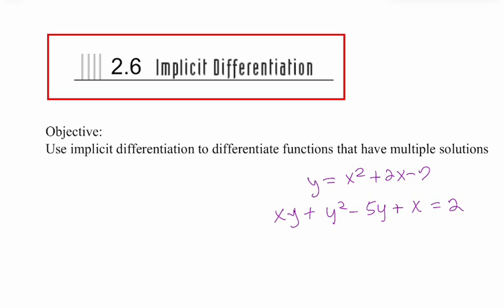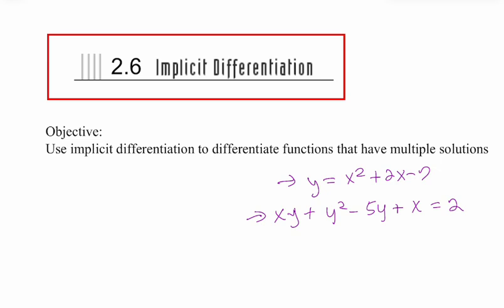That is an implicit differentiation type problem because we can't explicitly solve it for y anymore. Okay, so this one we can use all the rules we know. This one is going to force us to use implicit differentiation.